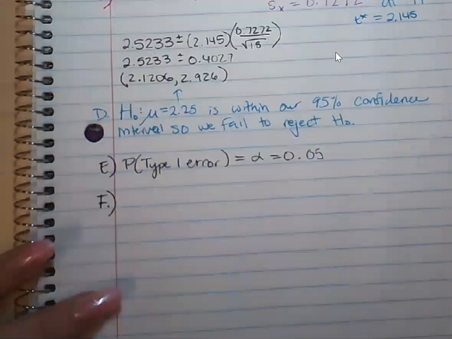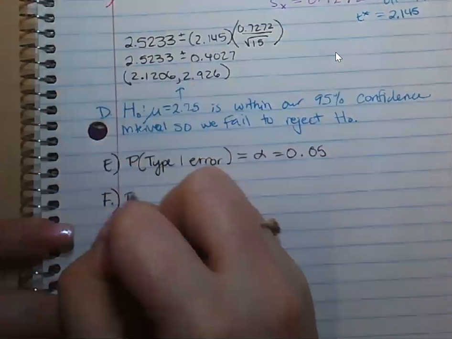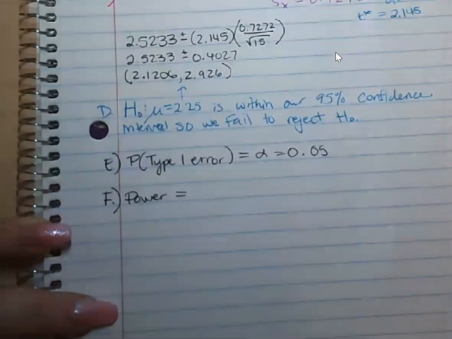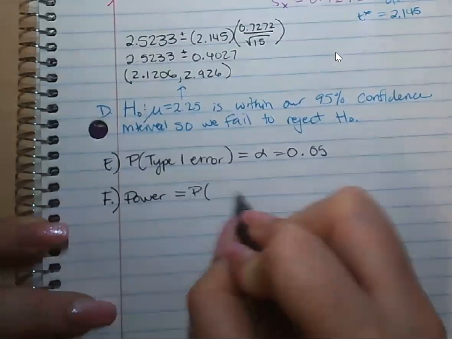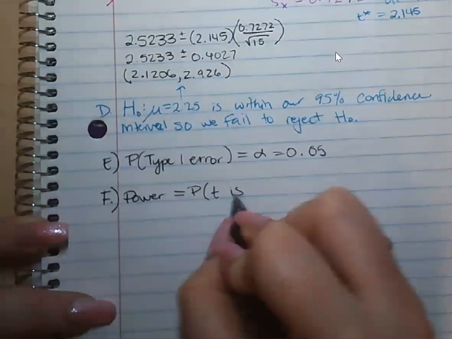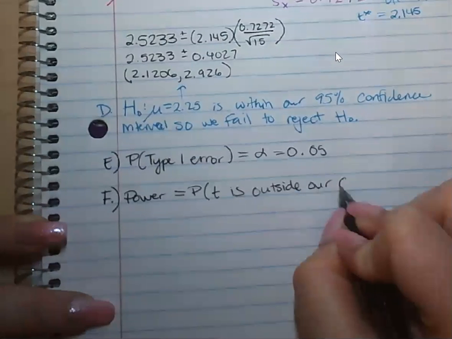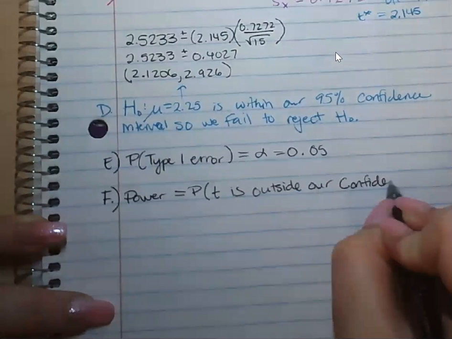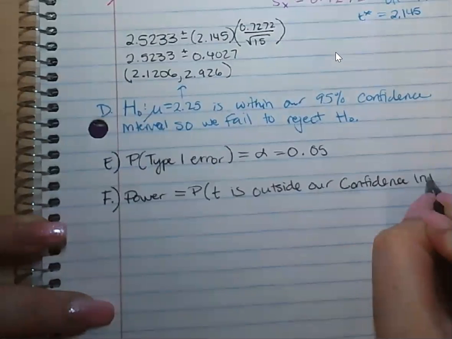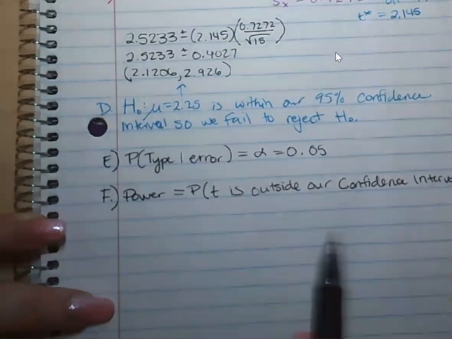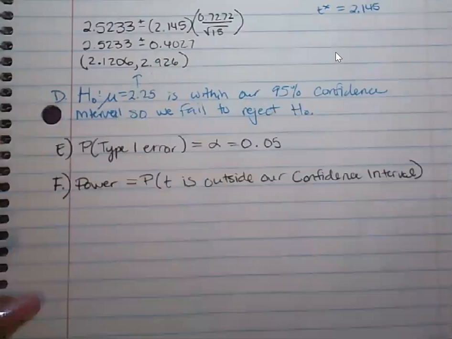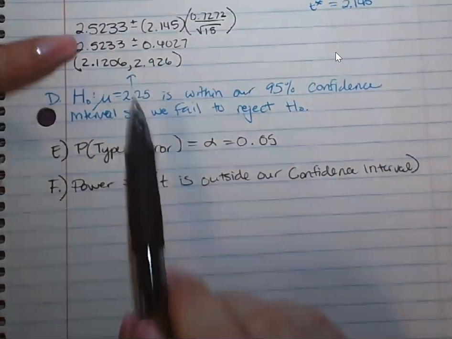Okay, for part F, I'll write some notes here for you. The power of the test is equal to the probability that t is outside our confidence interval. We call that region outside our confidence interval the rejection region. So we have our confidence interval up here still.